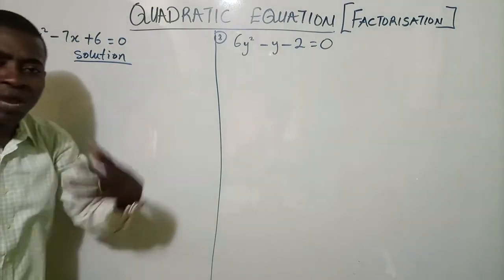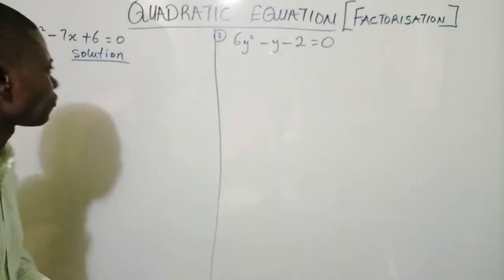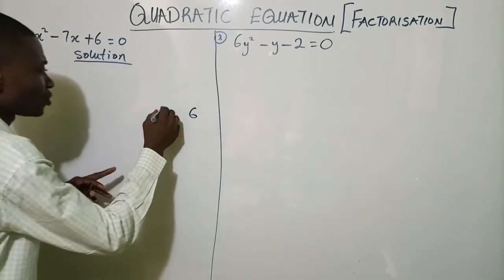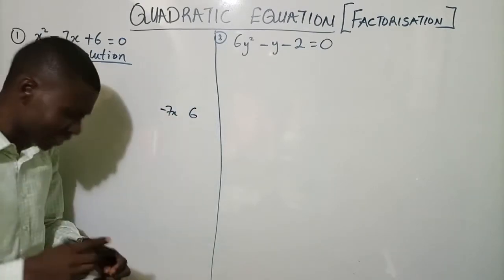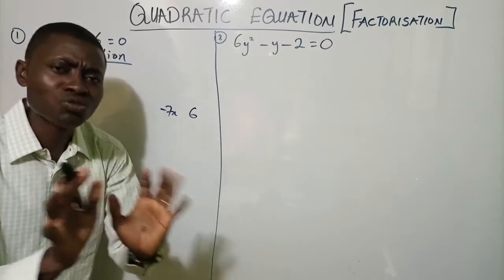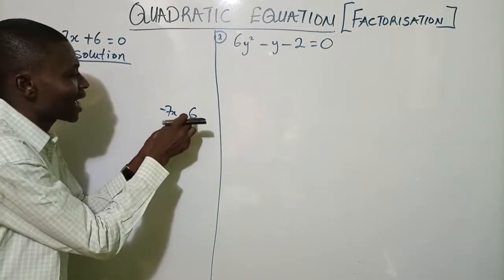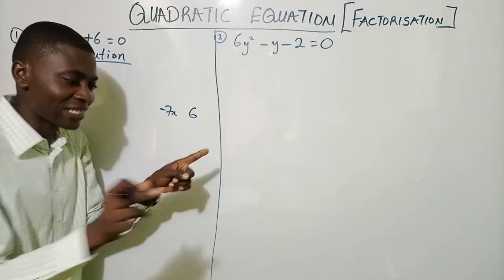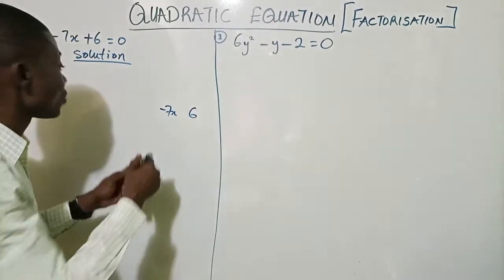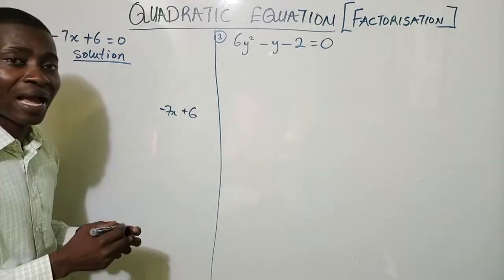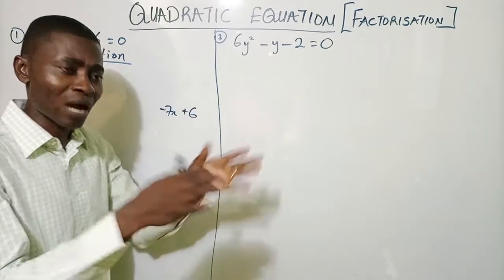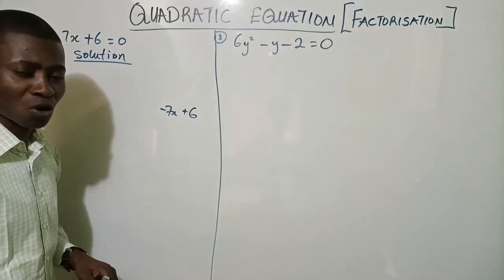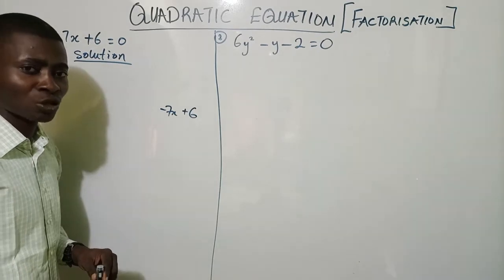I ask myself, I'm having 6 and I have minus 7x, so what two numbers, in other words what are the factors of 6, that if I multiply them together I will get plus 6, and if I add or subtract them I will get minus 7?